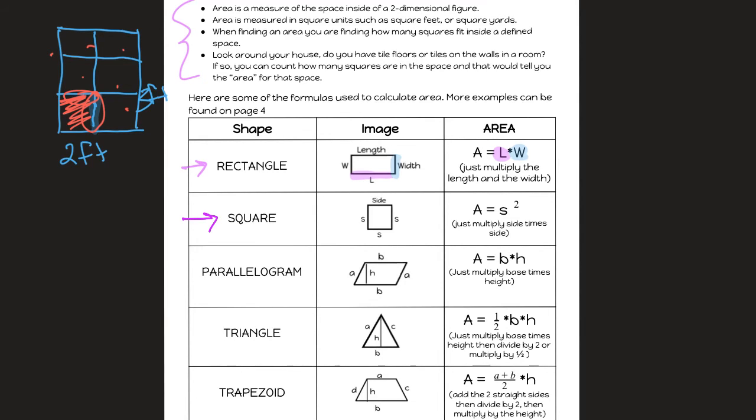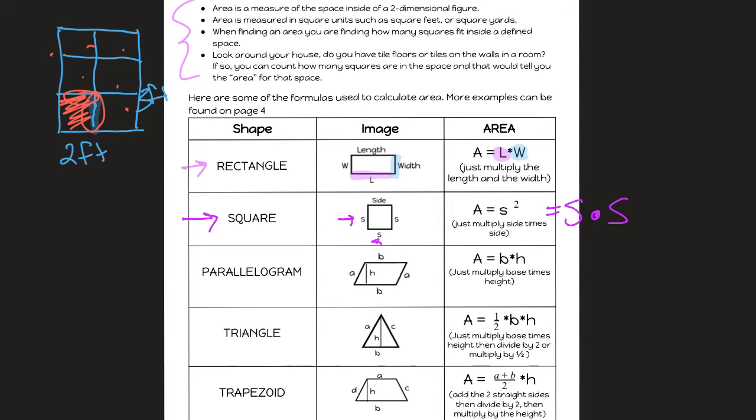For a square, and a square all sides are the same length, so to find the area, instead of taking length times width, you take the side squared, which is really just the side times itself. So the side times the side.